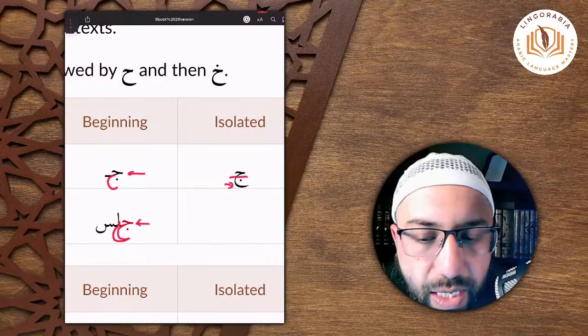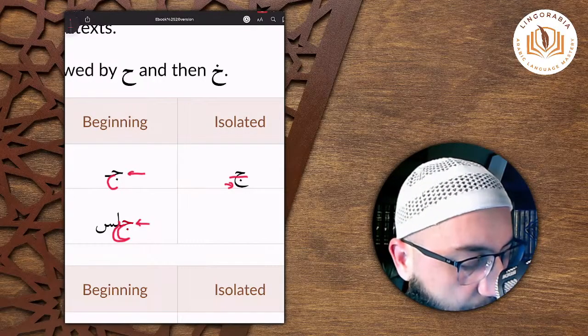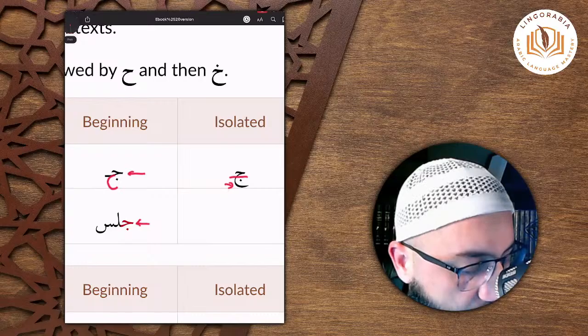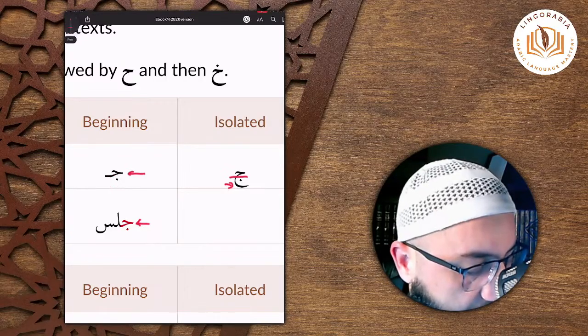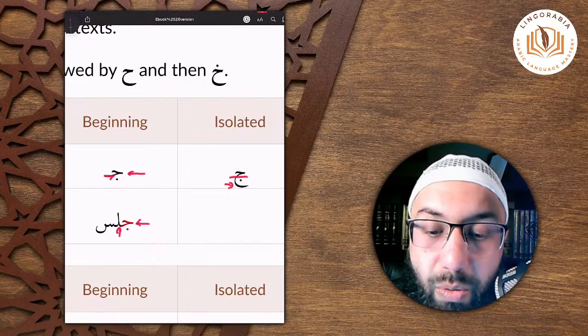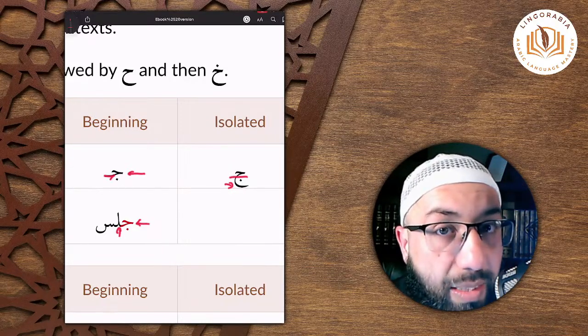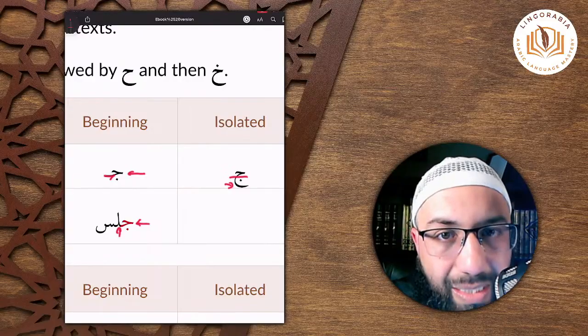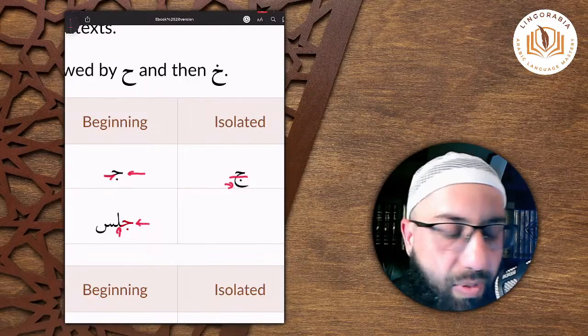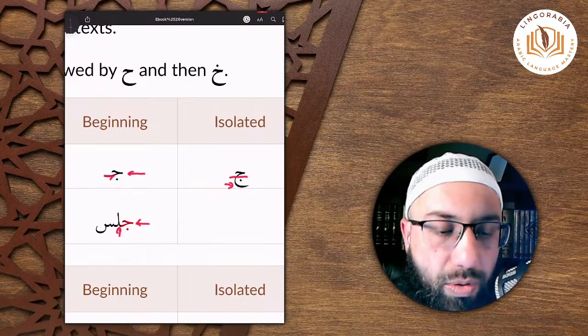So you just remove the lower part, and instead of going down, you go this side and connect it with the next letter. So with the Jim, we remove the lower part and connect the upper part immediately with the letter after. That's how it is written in the beginning of a word.